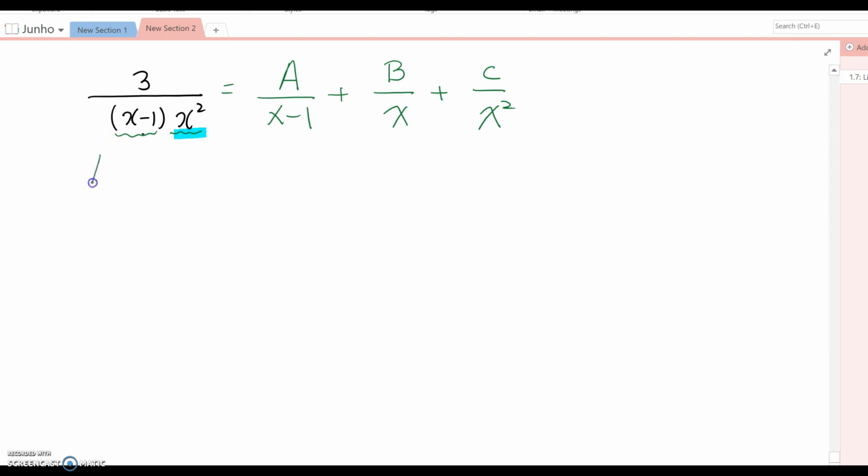So this one we can rewrite a over x minus 1 plus, now it is quadratic, so 1 less than quadratic means linear, so you can rewrite (bx plus c) over x squared actually.